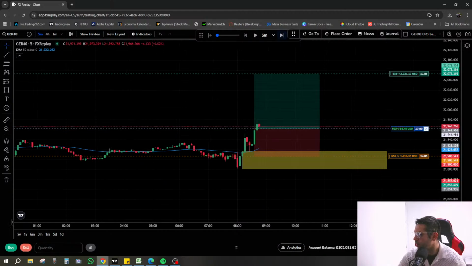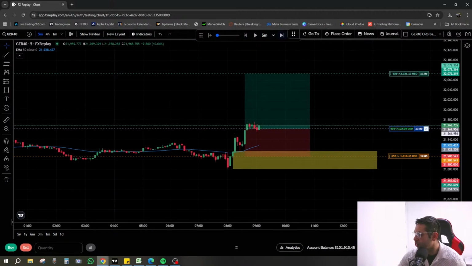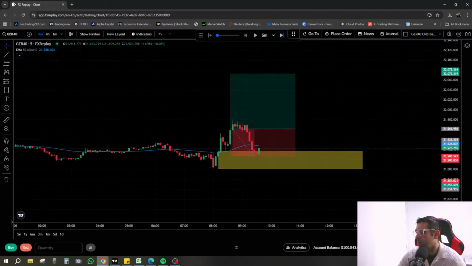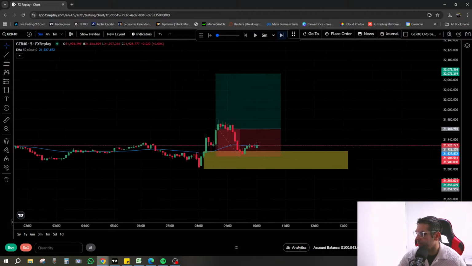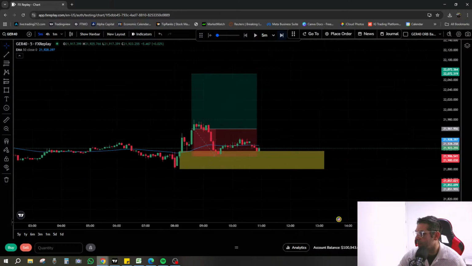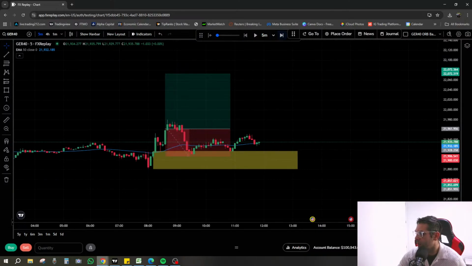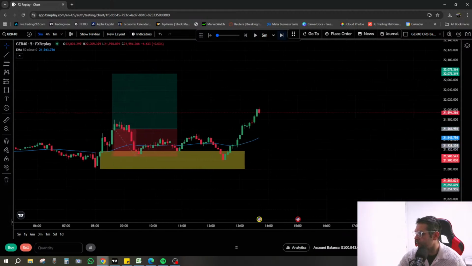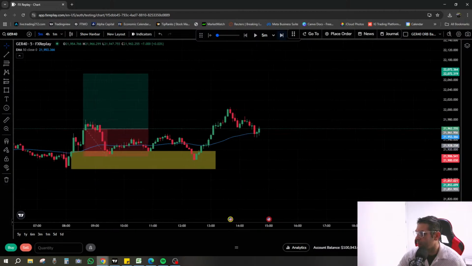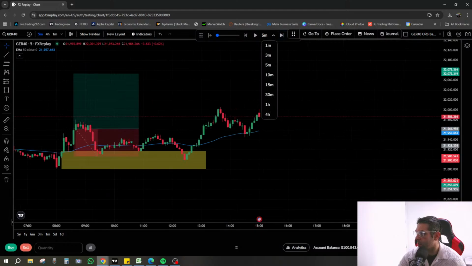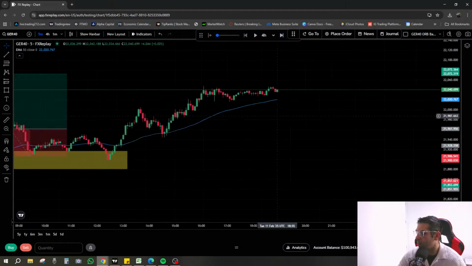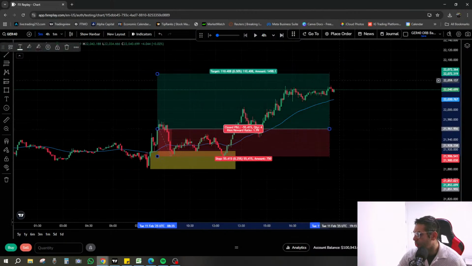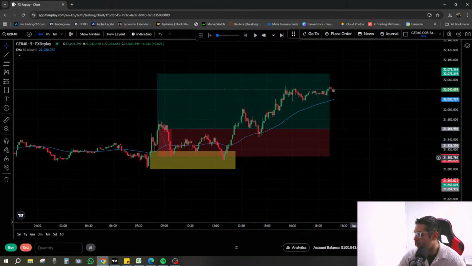So tag this in. And stop this out. So that's a failed trade, but it looked really good. Looks like it went sideways and then broke out.